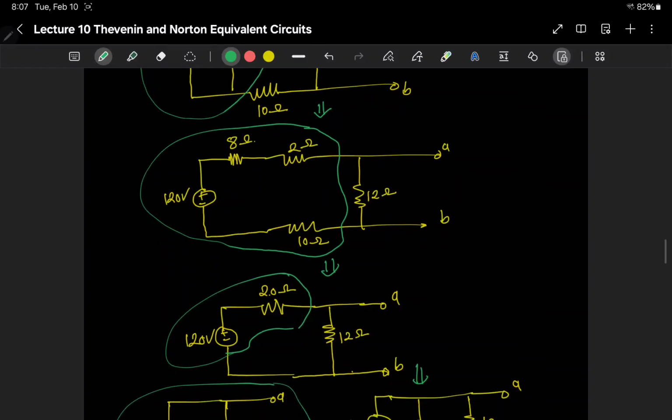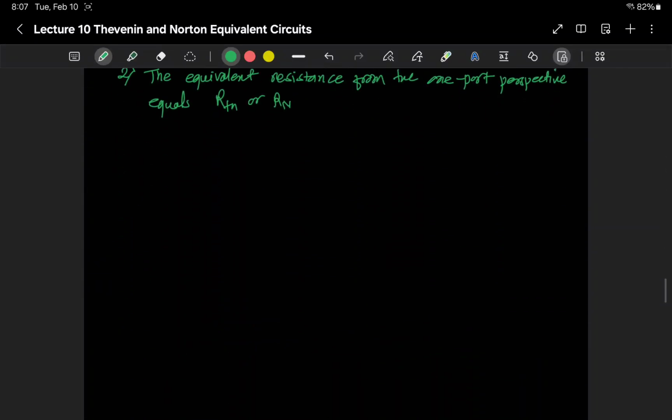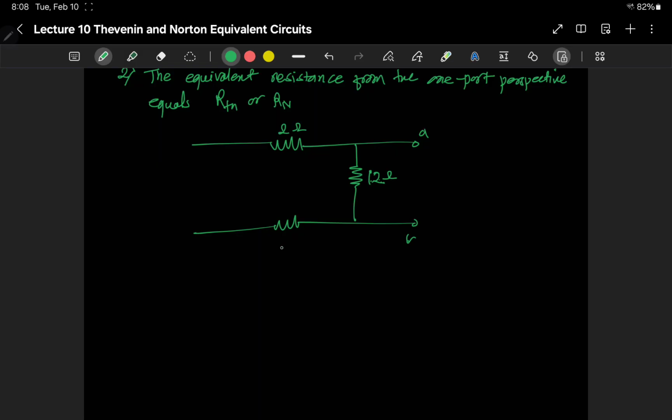Okay, so let me redraw that. You have A, you have B, in between those we had this 12 ohm resistor, and we had a 2 ohm resistor here, a 10 ohm resistor here, and another resistor here which was 8 ohm, and we had a current source right here.